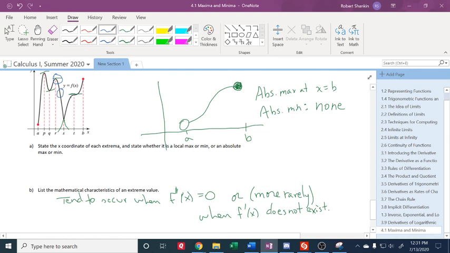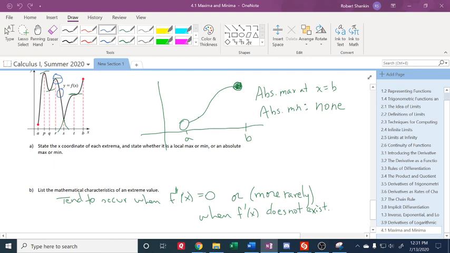Yes, it would be where that green line is, right up there. All right. So this interval has no local mins nor any absolute mins.